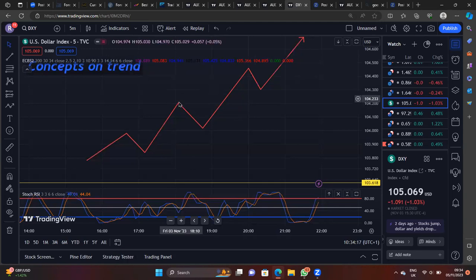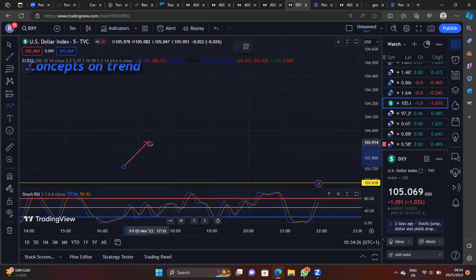Let me take for instance, how would you know, if we have something like this, and up, and up, and then we have another drop.